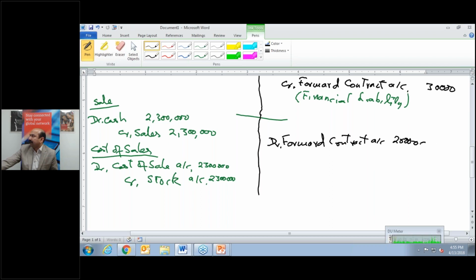Debit 200,000 and credit, say you have paid in the form of cash or bank, 200,000. So this way you will be closing your future contract. If there is a gain in the future contract, you will receive the cash for that gain. But if there is a loss, then you will have to settle that loss.